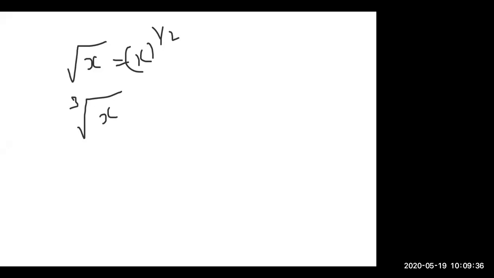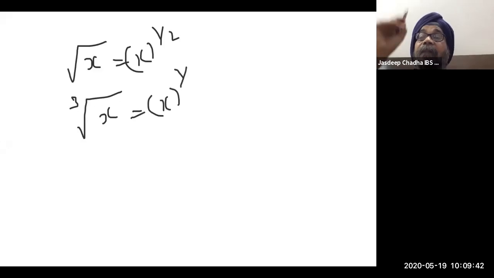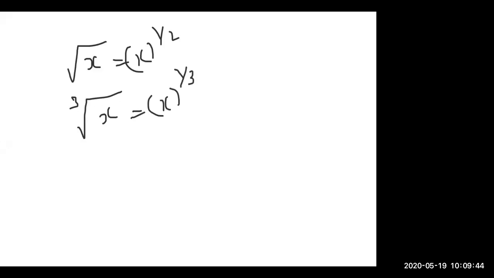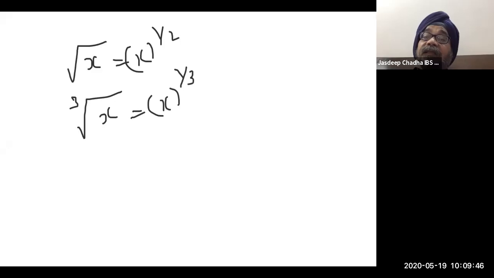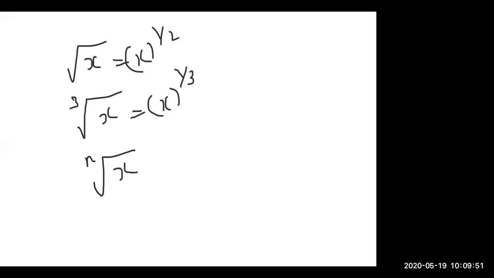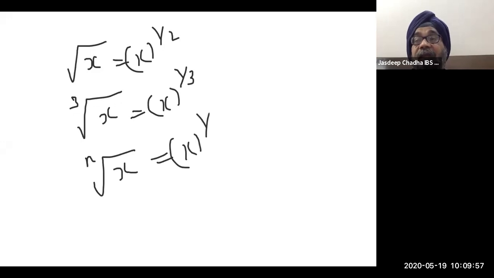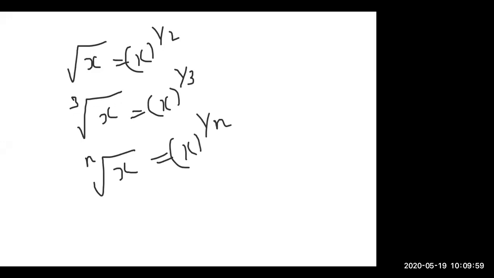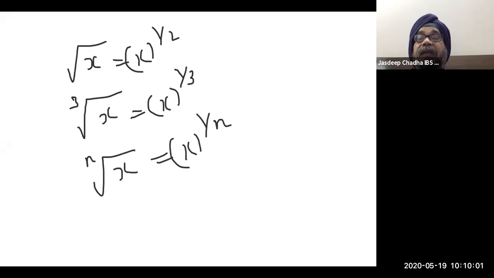So the power of x will be 1 by 3. And if I simply write x and a number n here, then x power 1 by n. This is a general understanding.